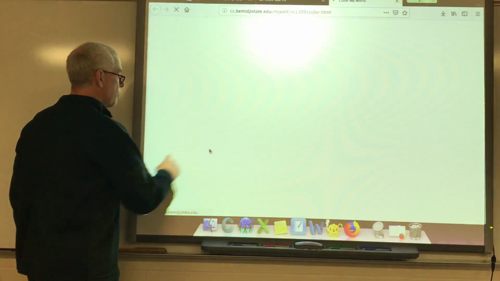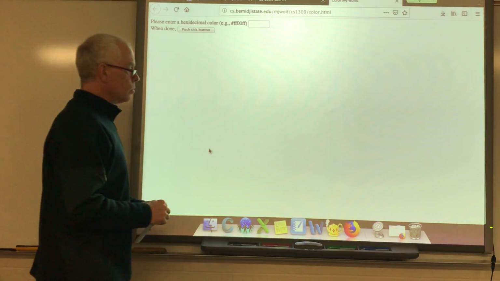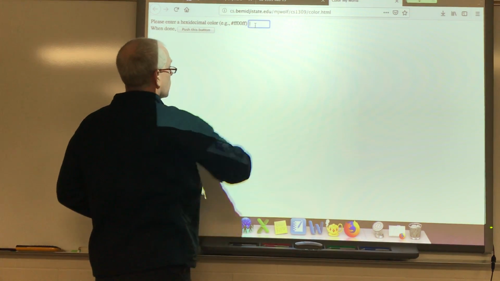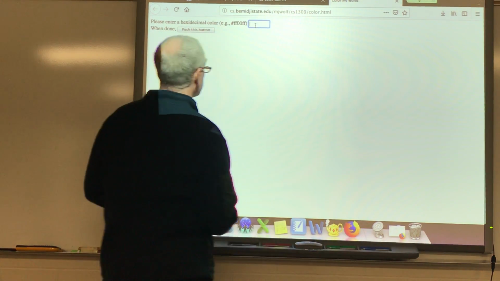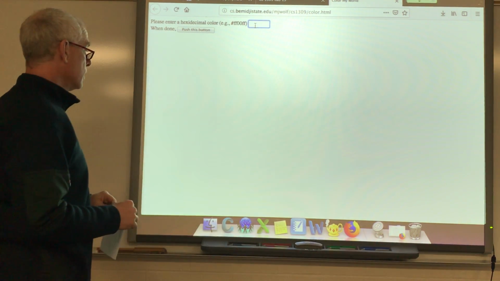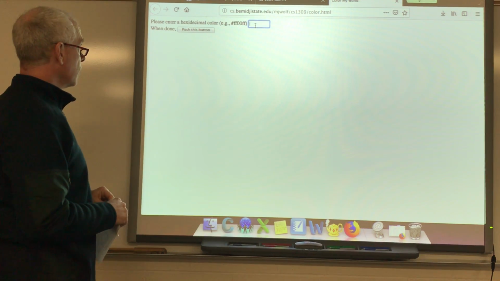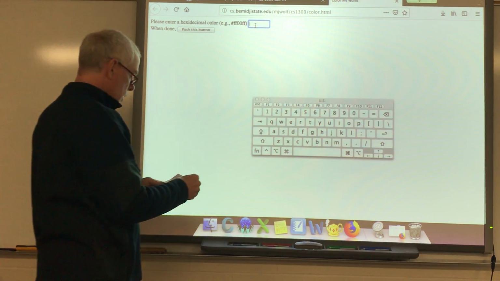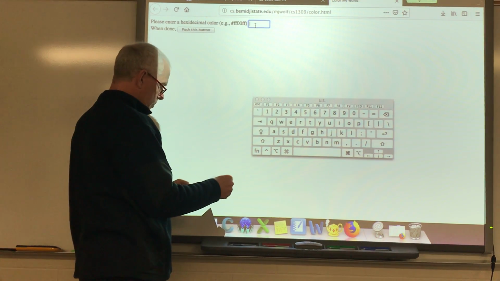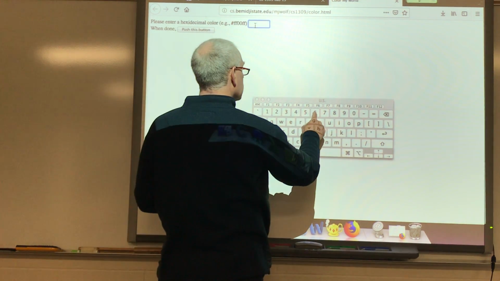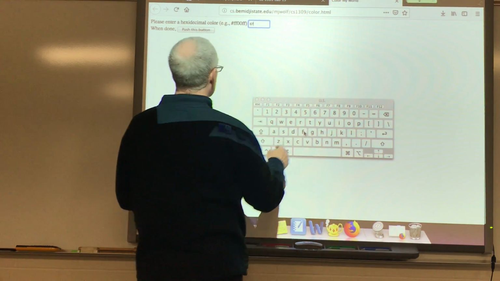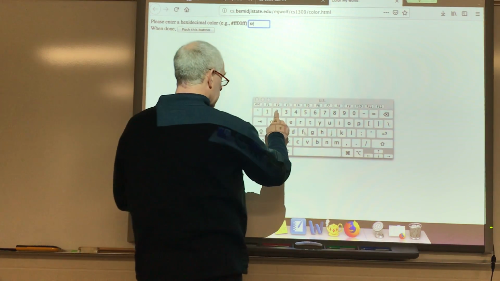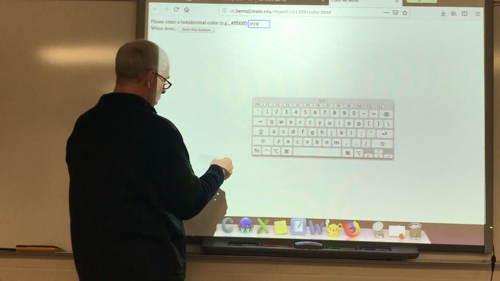So if you go to this web page, you have a place where you can enter the color here. So let's do that. Okay, let's see if my whiteboard cooperates here. There we go. So we had 6F, followed by 29, followed by FF.